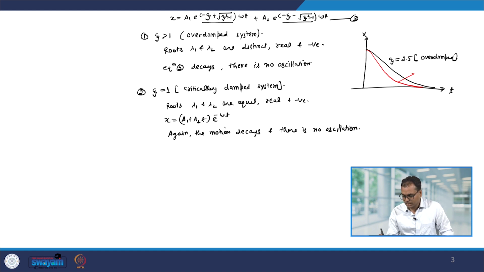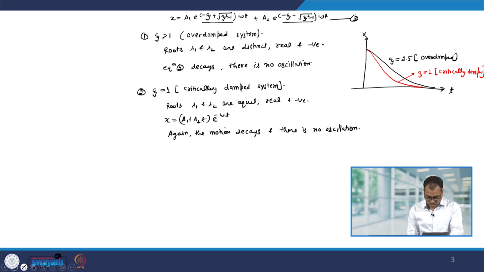Okay. So, this is the case when zeta is equal to 1, this is called critically damped system. Okay. Now, let us look at the case when zeta is smaller than 1, that is called the underdamped system.